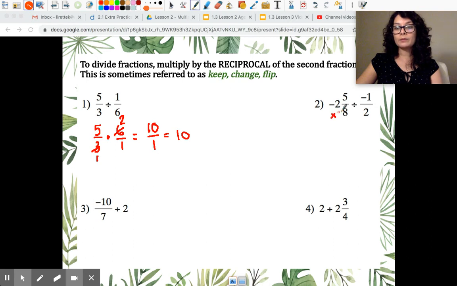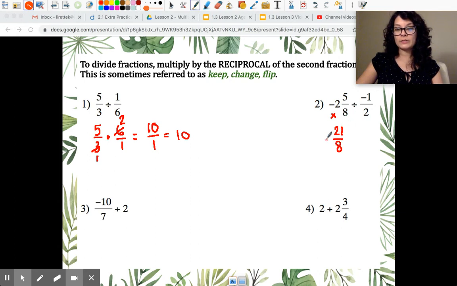I'm going to multiply this denominator by the integer and get 16. I am going to add the 16 to the 5 and get 21.